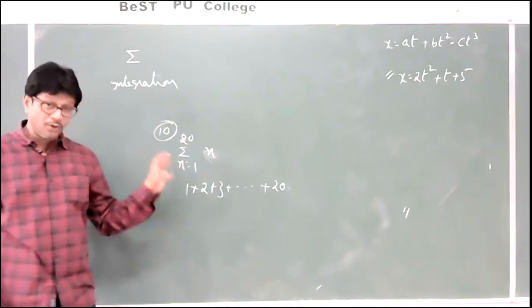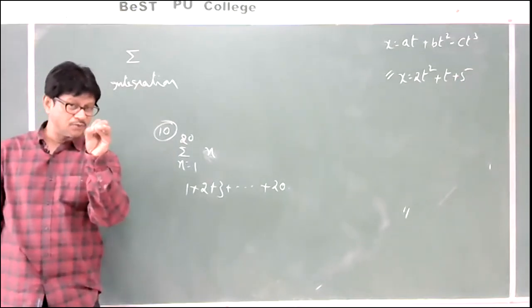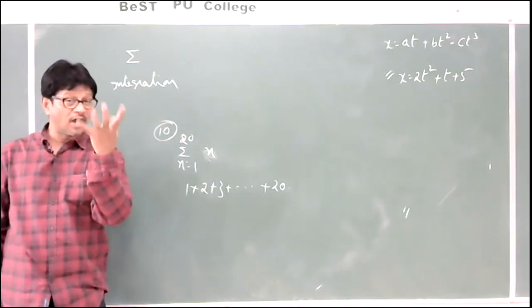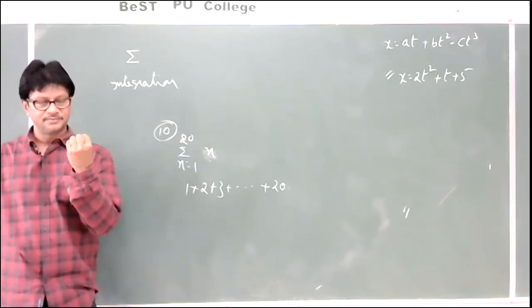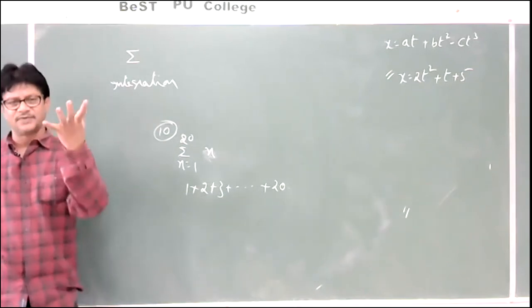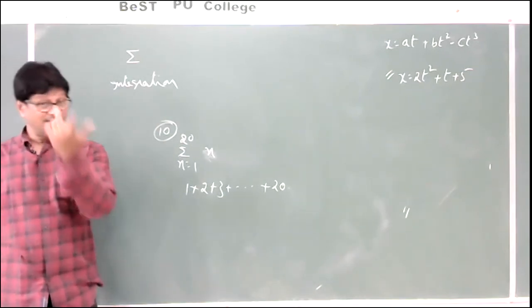So here we know how many numbers we are adding, or how many quantities we are adding. That is called a discrete function. Fixed values, discrete values.